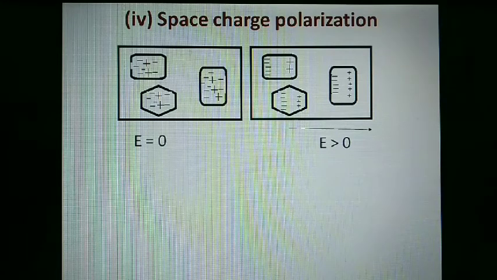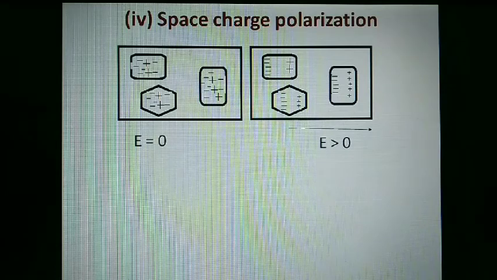This type of polarization is very rare in dielectrics because while preparing the dielectric materials for practical applications, utmost care is taken such that such localized regions of different resistivities do not arise.